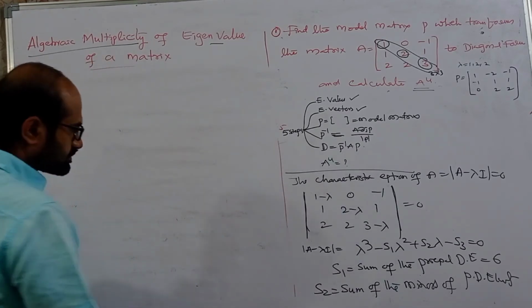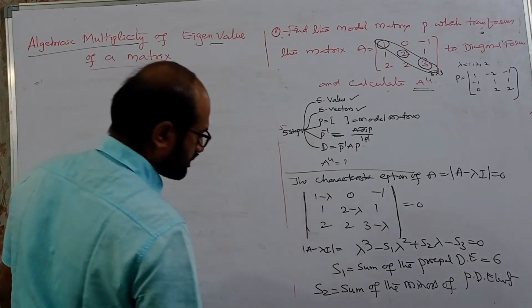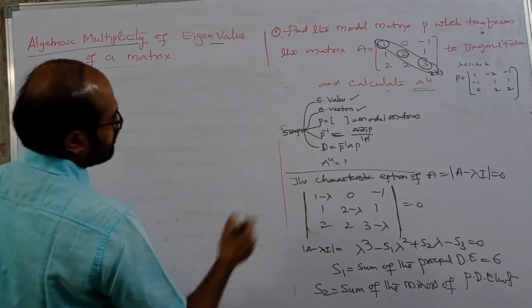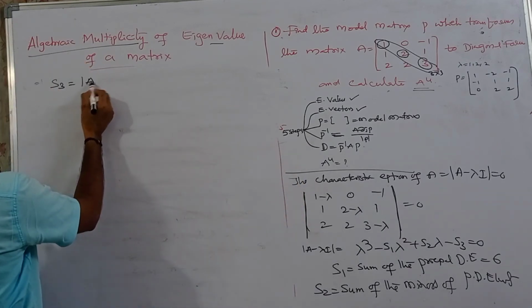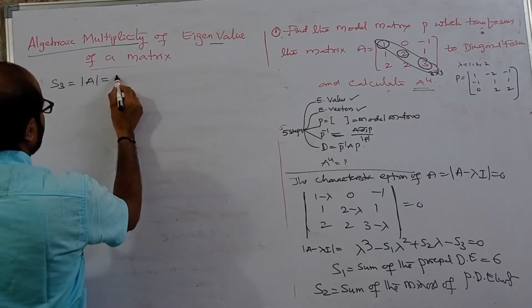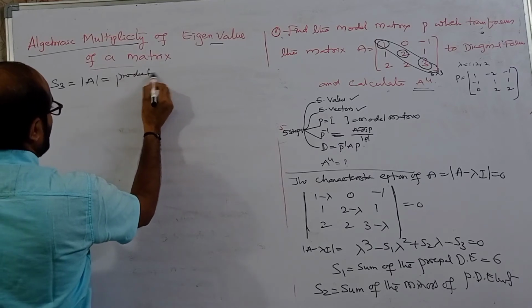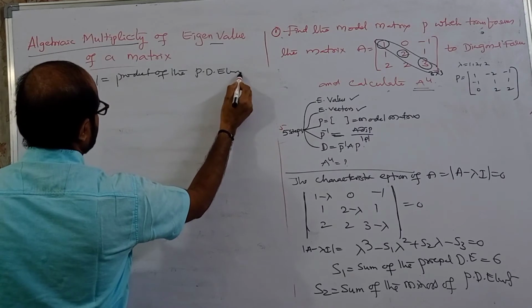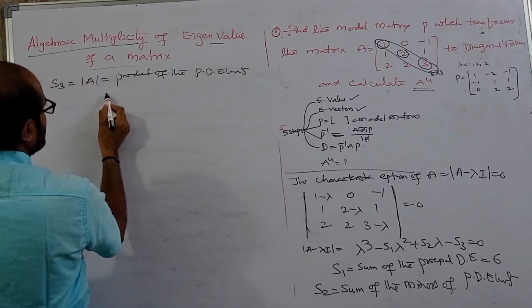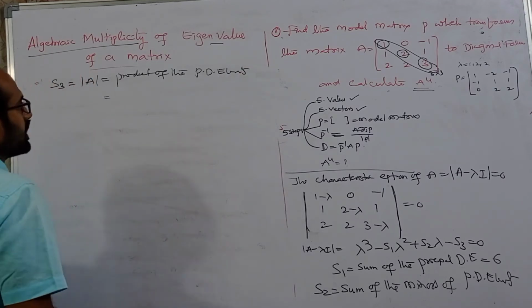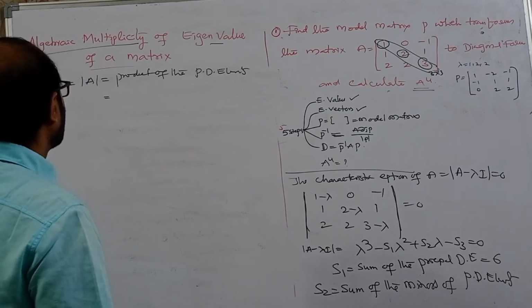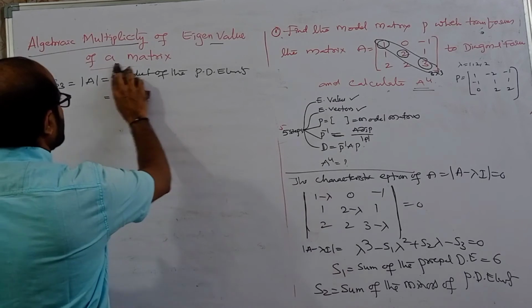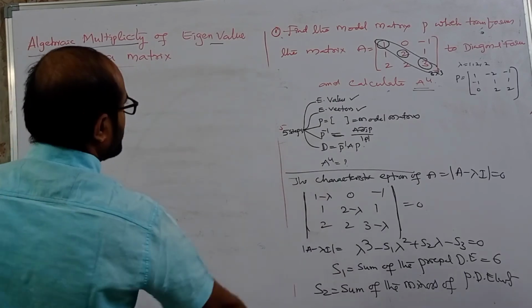Now what is S3? S3 is the det A. It means the product of the eigenvalues. It is nothing but det A. So S3 is the det A.